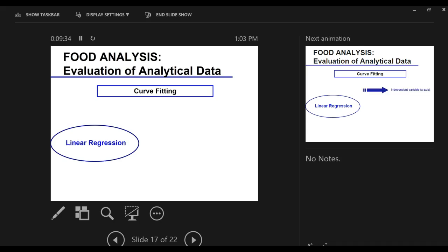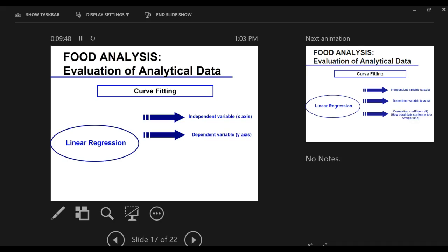So your independent variable is on the X-axis, and that is often the concentration of your standards. So you prepare your standards, you know the concentration of your standard, then you measure the dependent variable, which you plot on the Y-axis. The dependent variable is oftentimes, in our case, absorption. So you measure the absorption, you know the concentration, and then you plot your data and fit it to a straight line doing linear regression.